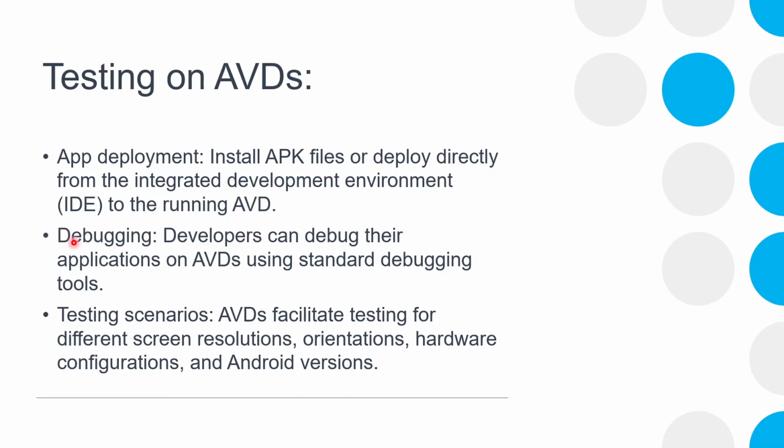The next part is debugging. Developers can debug their application on the AVD using standard debugging tools. So we can debug the APK using the AVD debugging tool. And what are the testing scenarios? AVDs facilitate testing for different screen resolutions, orientations, hardware configurations, and Android versions.